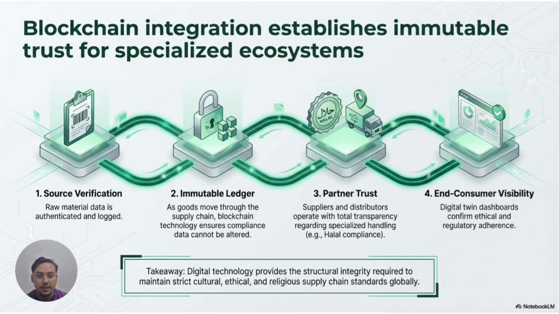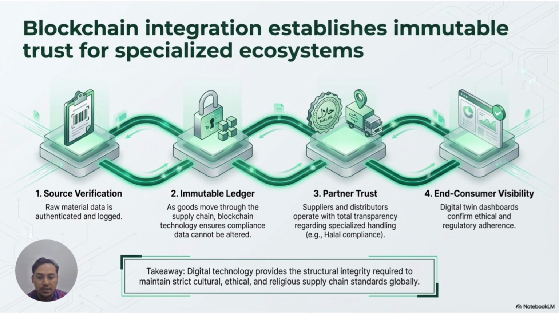Four-step process. First, source verification starts at the beginning. Raw material data is authenticated and logged immediately to ensure origin quality. Second, immutable ledger. As goods move, blockchain ensures that compliance data cannot be altered, creating a permanent tamper-proof record. Third, partner trust.